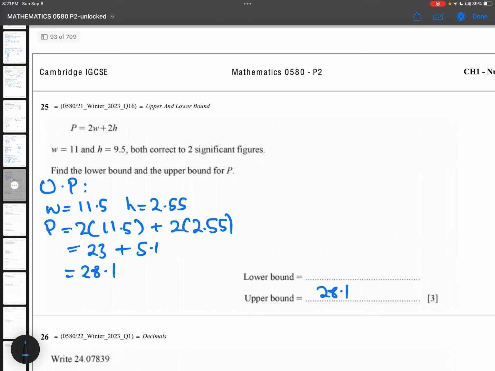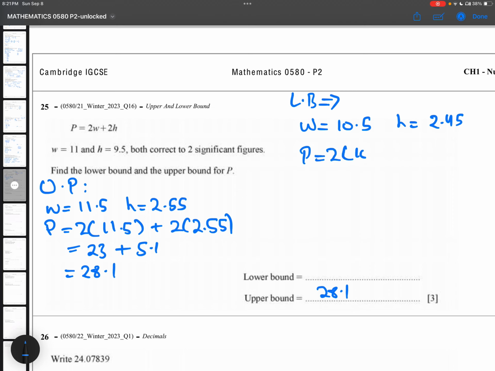In order to get the lower bound, I need the minimum values for W and H. So the lower bound for W will be 10.5 and the lower bound for H will be 9.45, as both the numbers have been corrected to two significant figures. Now let's put these two values in the formula.